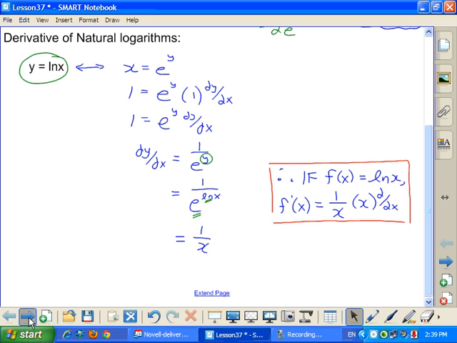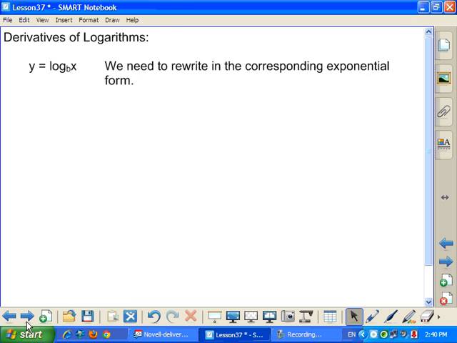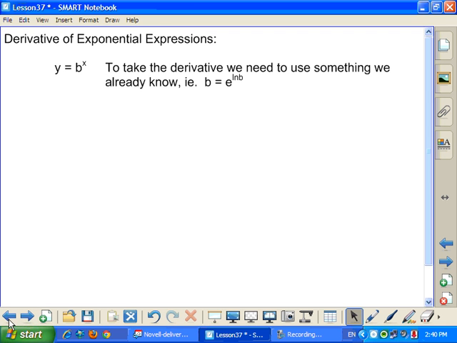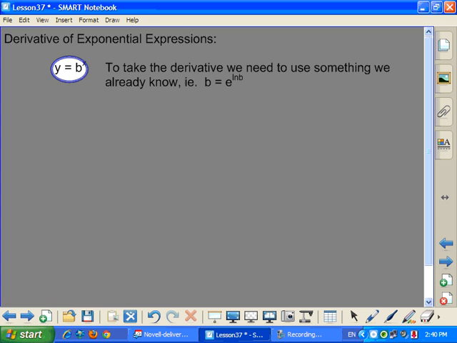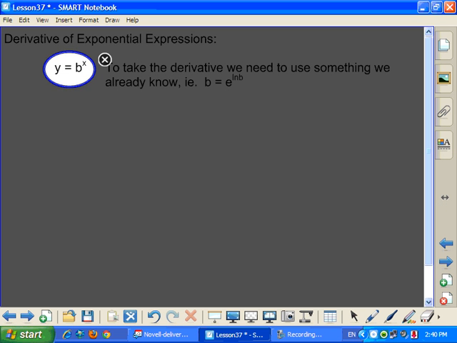All of this helps us head towards dealing with derivatives of functions that don't have base e. For example, and this was the original question from the previous day, what is the derivative of an exponential function y equals b to the x?